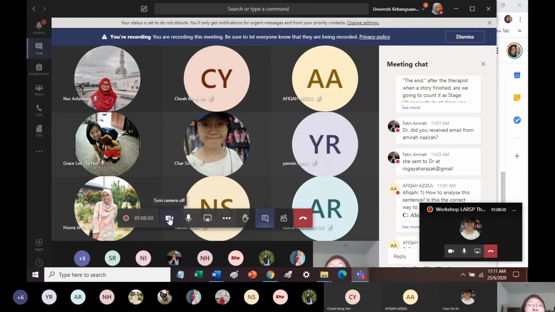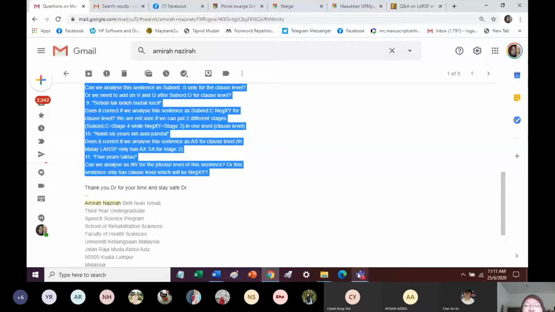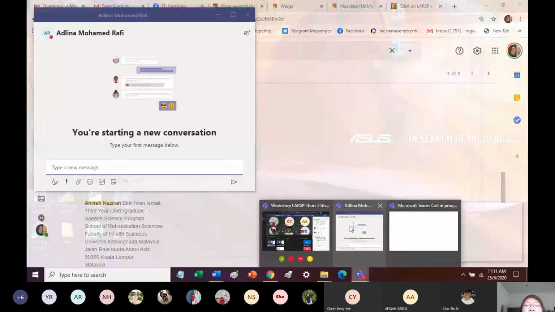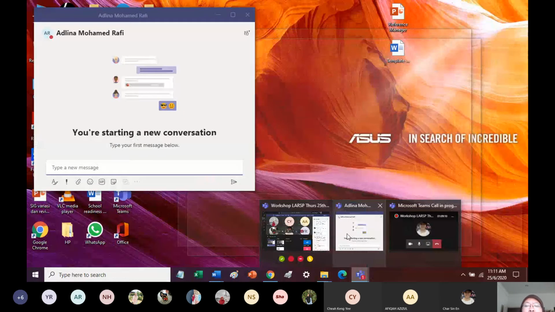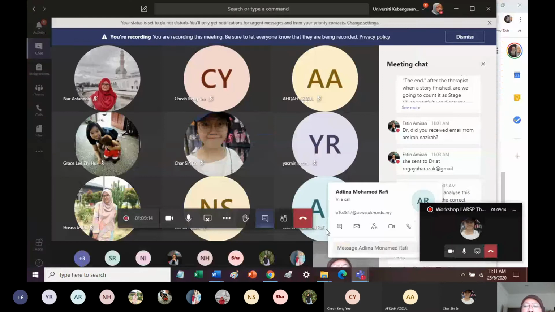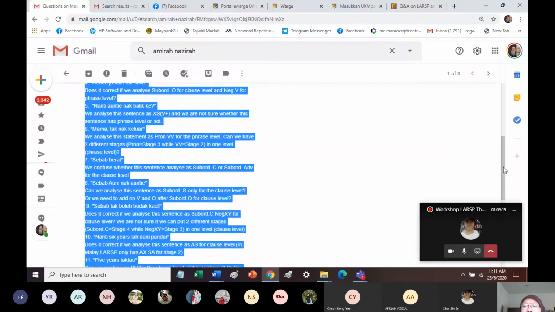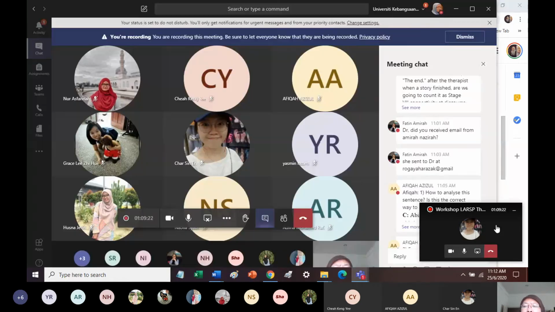Share balik. Atau I paste kat sini je lah.